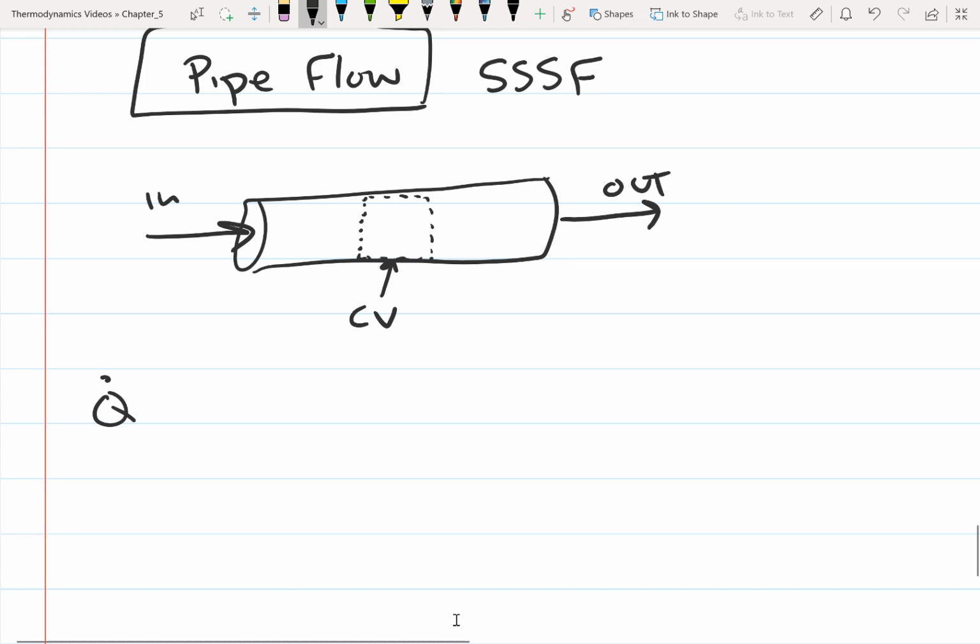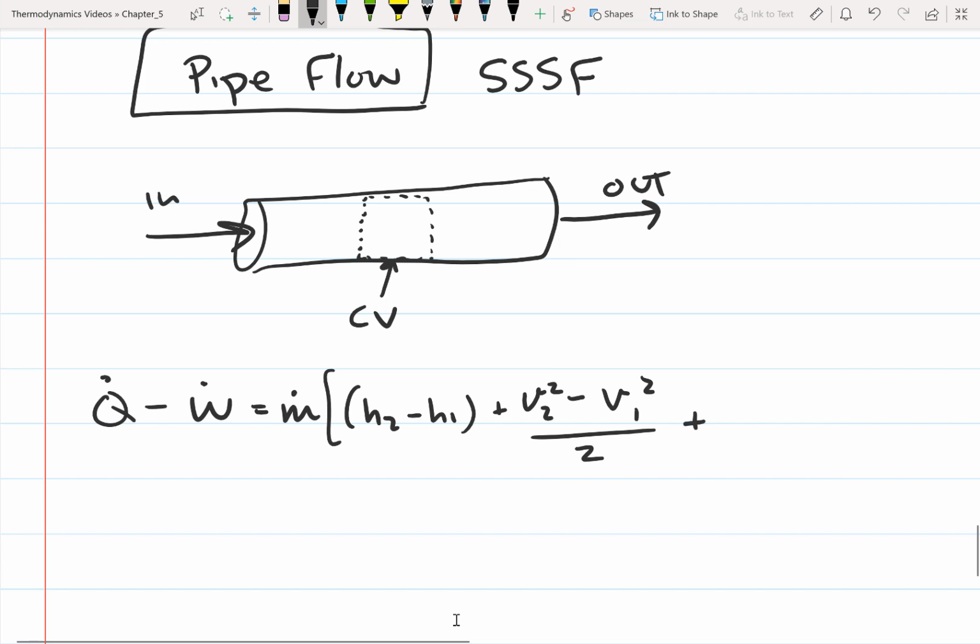So Q minus W, and this is single stream again, so we can just use m dot, times H2 minus H1 plus V2 squared minus V1 squared over 2 plus g times Z2 minus Z1.